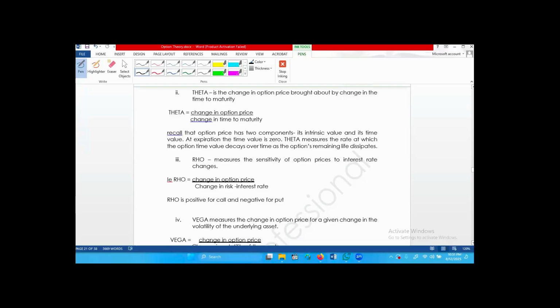Rho measures the sensitivity of option value to a change in risk-free rates. Rho is positive for calls and negative for puts.